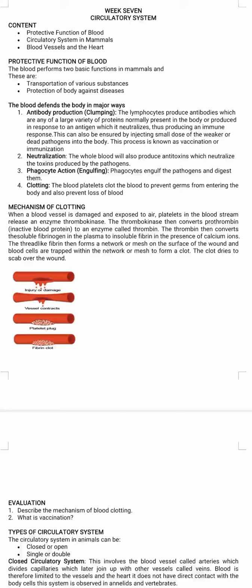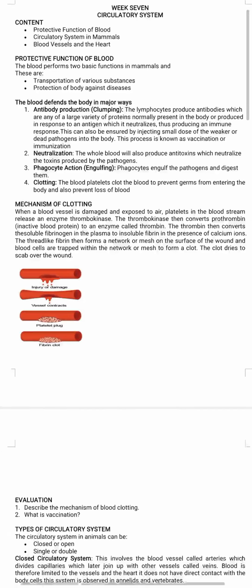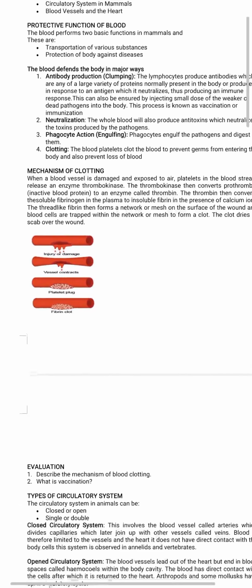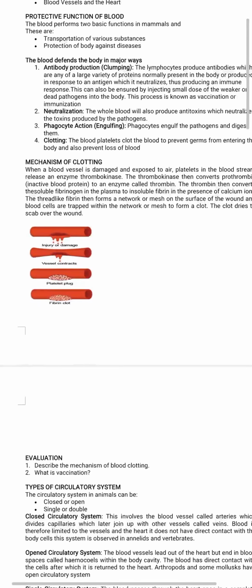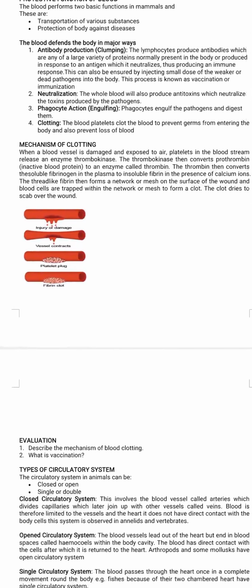Now, this thread-like fibrin forms a network or a mesh on the surface of that wound. The clot dries and scabs over the wound. There's a mini illustration here in our notes illustrating how clotting is formed.